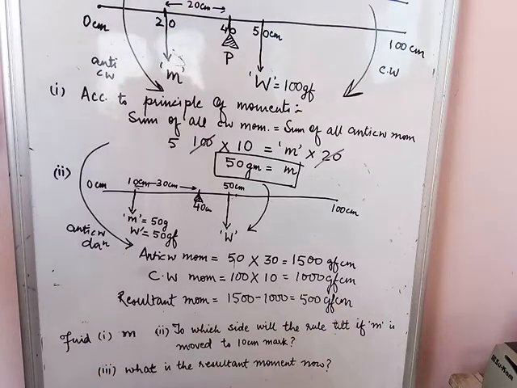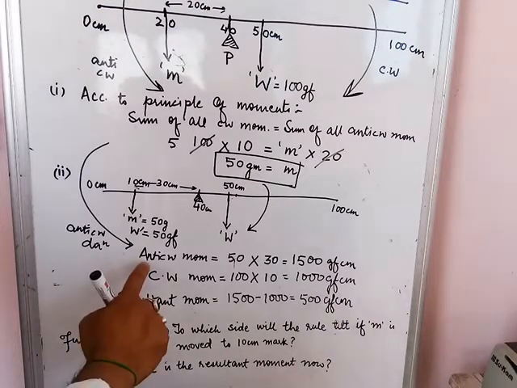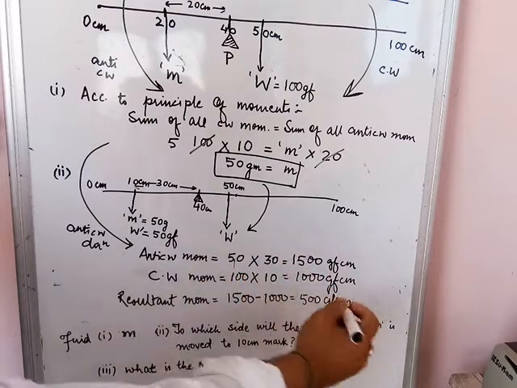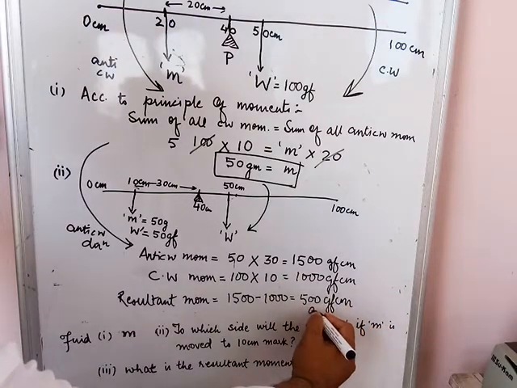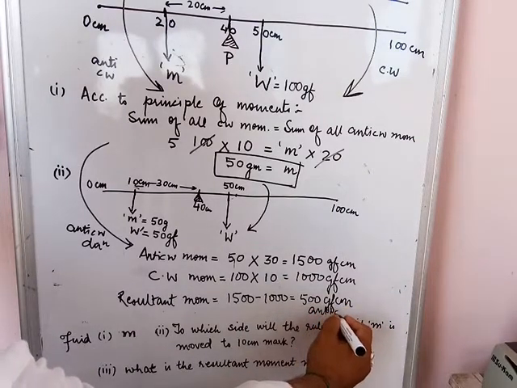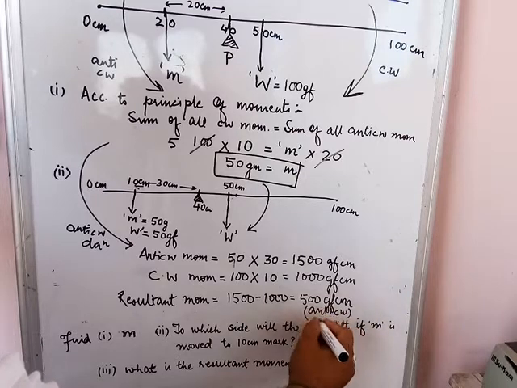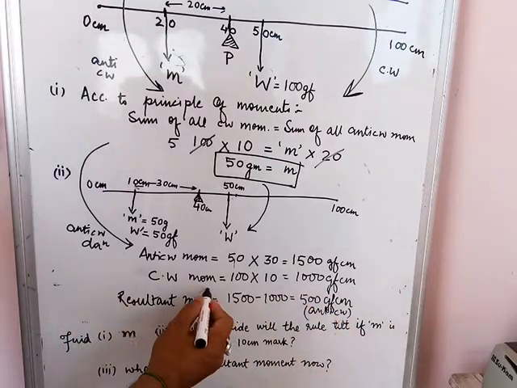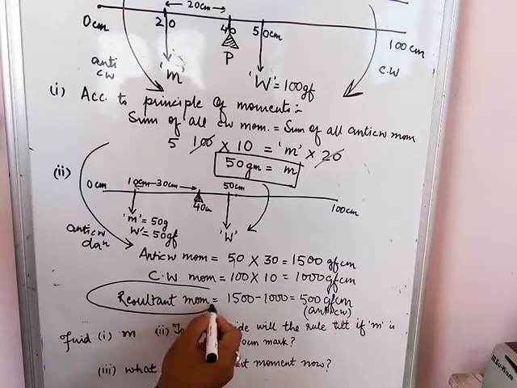What is going to be the direction of the overall resultant moment? Anti-clockwise, because this value is more. So it is this resultant moment that we had to calculate.